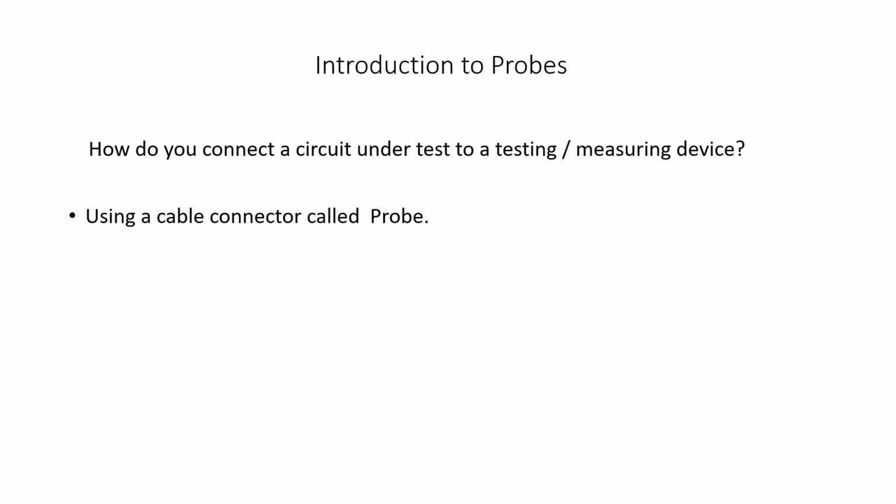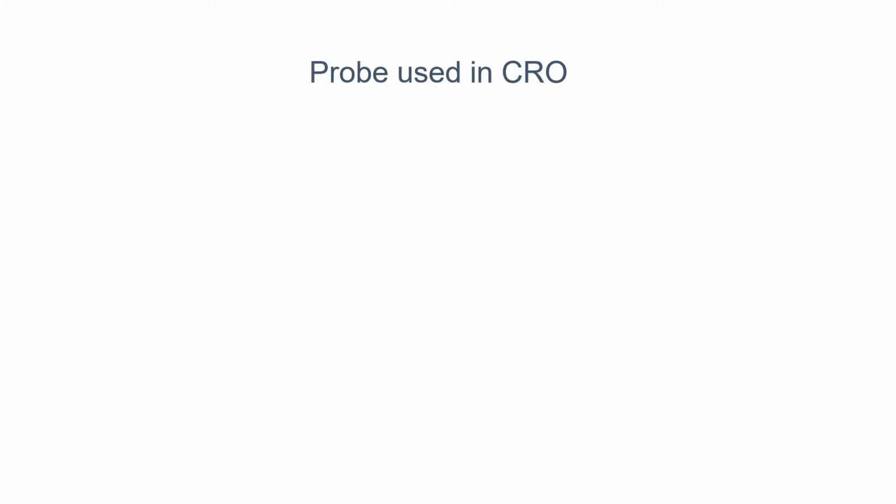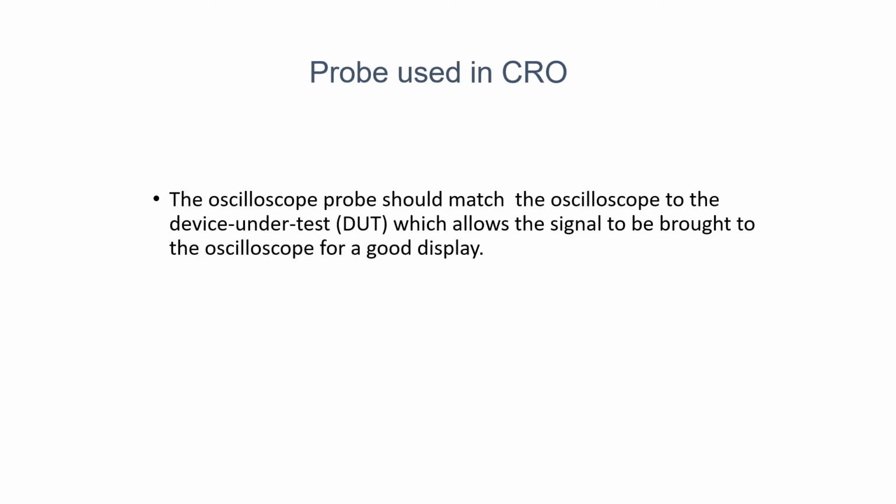How will I connect the circuit to this measuring device? We can connect using a cable connector probe. So the oscilloscope probe should match the oscilloscope to the device under test, which allows the signal to be brought to the oscilloscope for a good display.